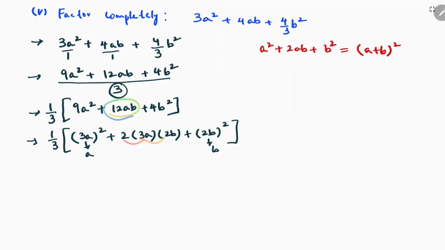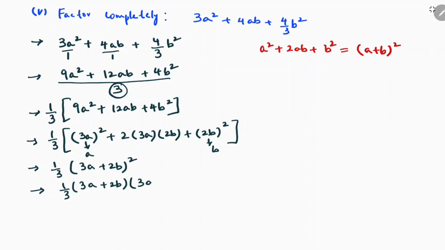It's perfect. So I can write it as 1 by 3 into 3a plus 2b whole square. Or I can represent it this way also, 3a plus 2b into 3a plus 2b.